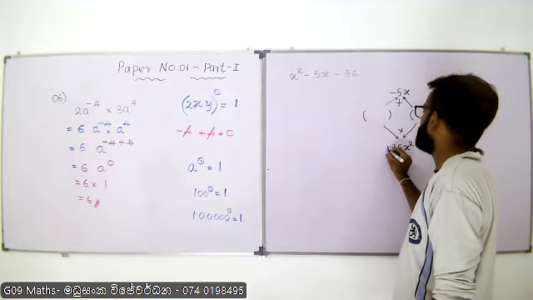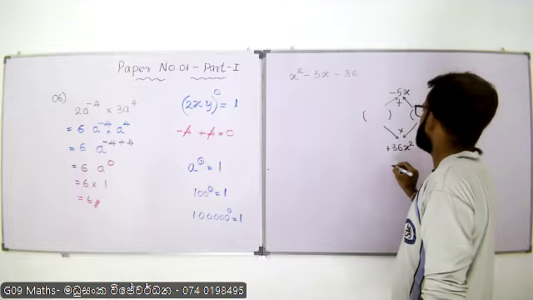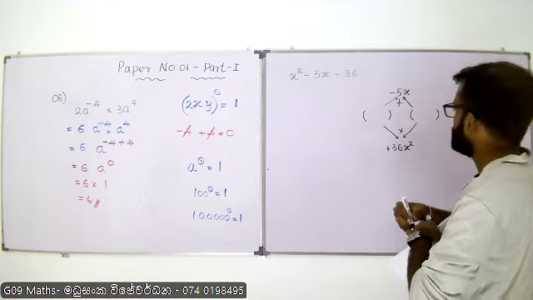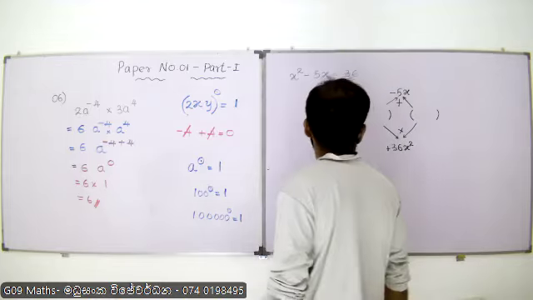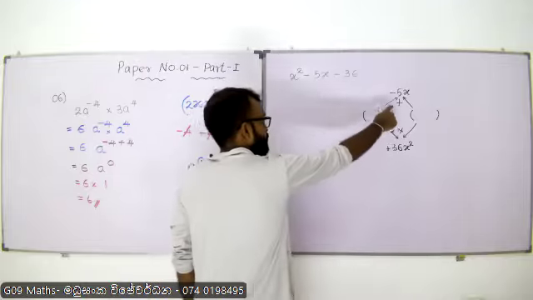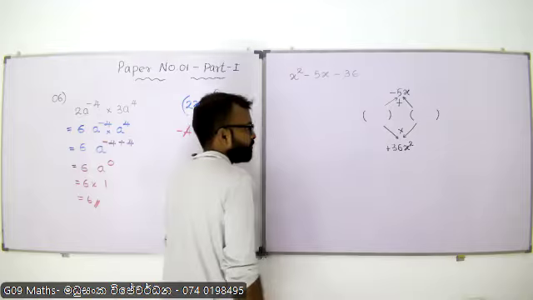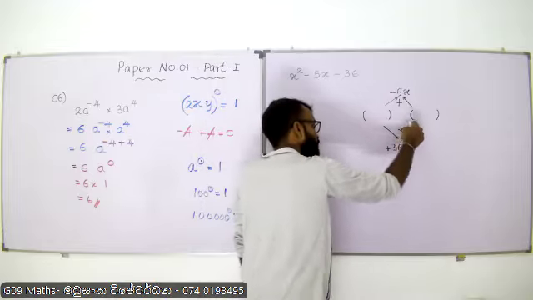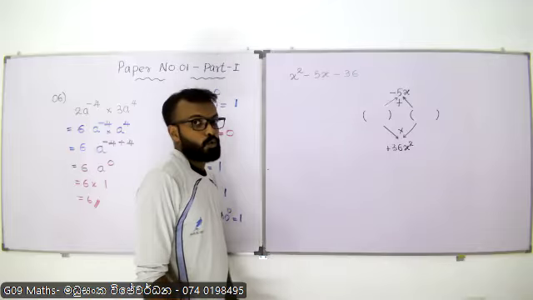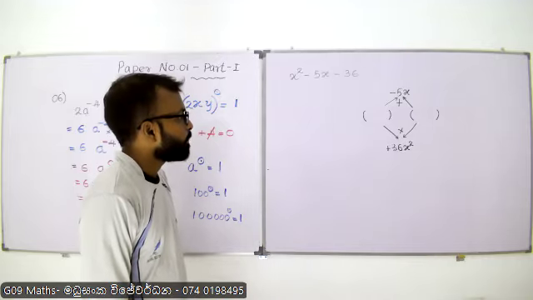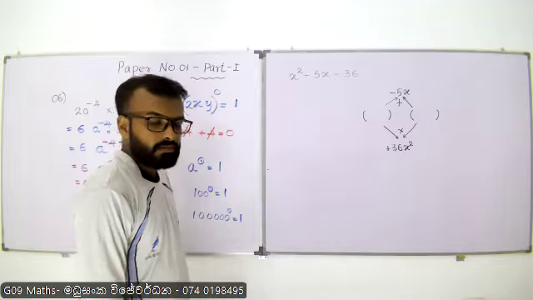Positive 36. So what are the two suitable numbers that you are going to put in? When you add the two numbers, you need to obtain minus 5. When you multiply the same two numbers, you need to obtain positive 36.